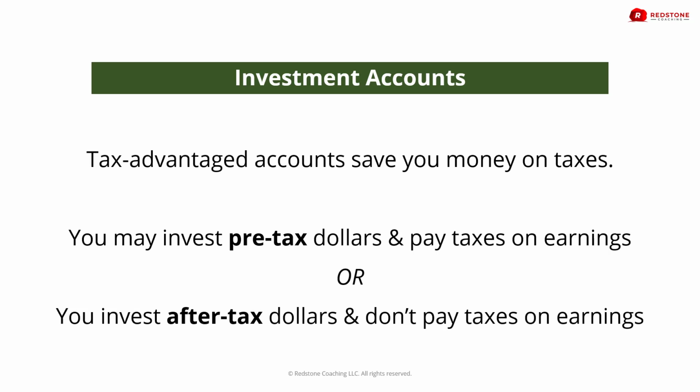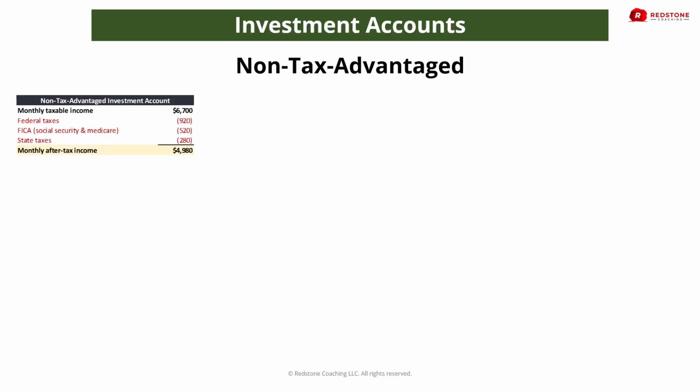One is you're not paying taxes on your income now, and you're investing pre-tax dollars today, but you're going to need to pay taxes on your earnings in the future. Or you're investing after-tax dollars today, but in the future, you're not going to have to pay taxes on your investment earnings. Awesome. So one of two choices.